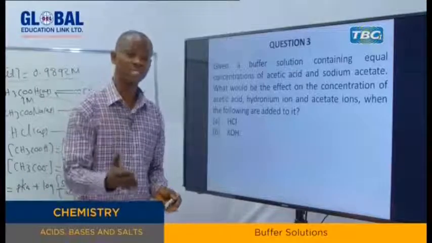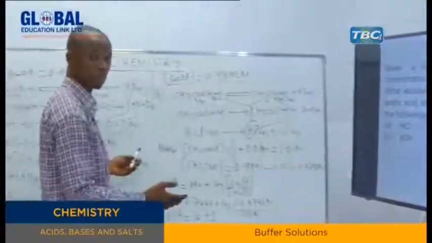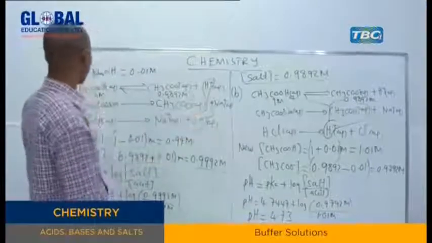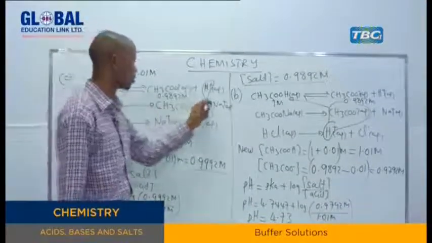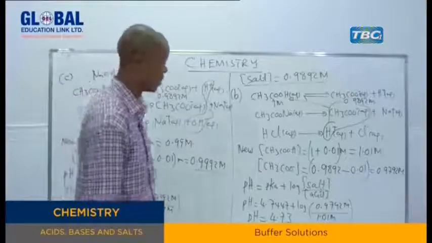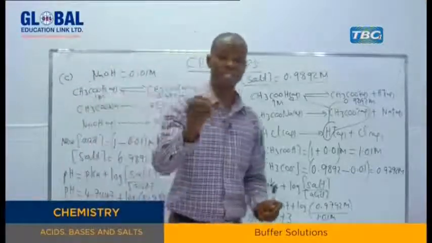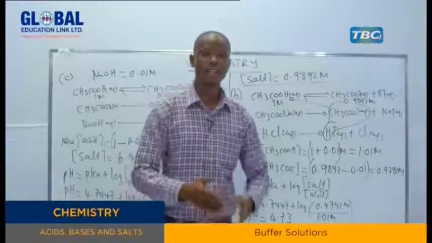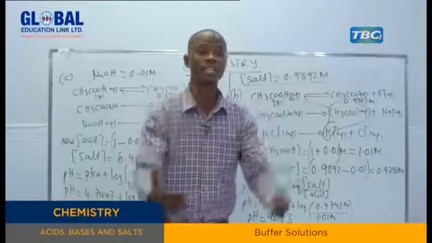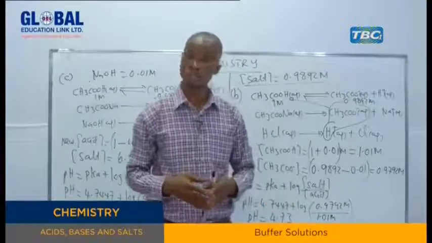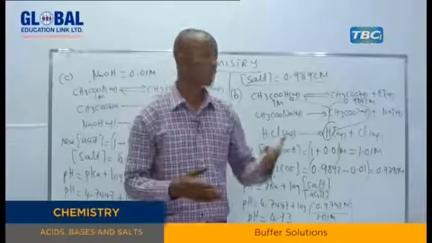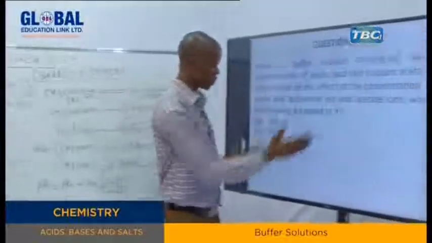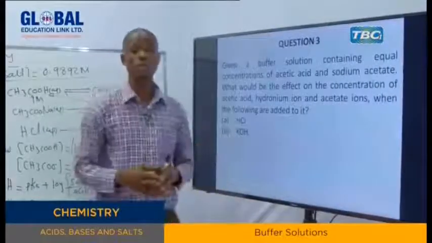After combining, the acetic acid will ionize more to produce hydrogen ions to compensate for the loss. So the concentration of the acetic acid will decrease because it is used to produce more hydrogen ions, and the concentration of the acetate ion will increase by the same amount as the potassium hydroxide that is added. So it is very simple to answer those problems. You can take a piece of paper and try to do it by yourself.